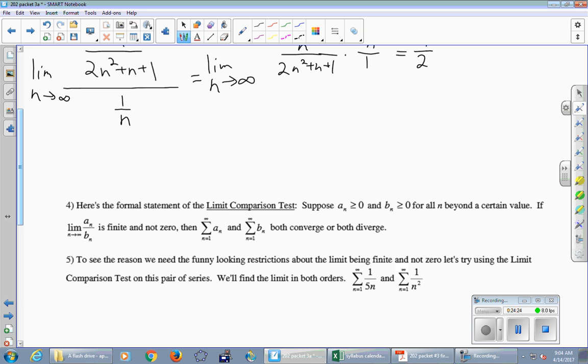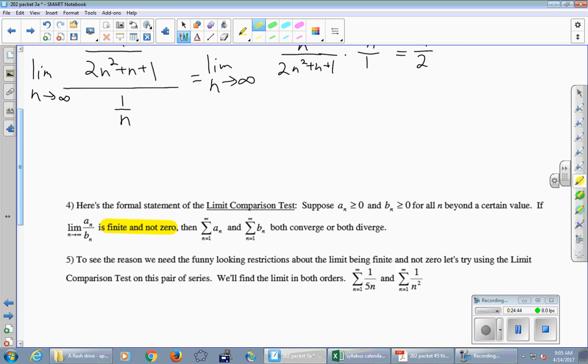And then it says you divide, and you take a limit, which is exactly what we did right there: A sub n over B sub n. It says if this limit is finite and not 0. Finite and not 0. What did we get for our limit? 1/2. Is it finite and not 0? Yes, it is.